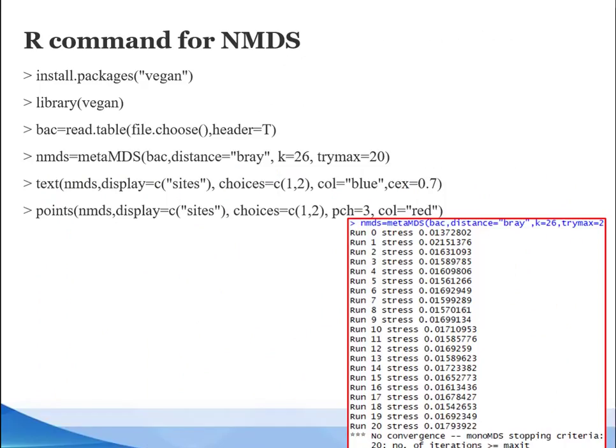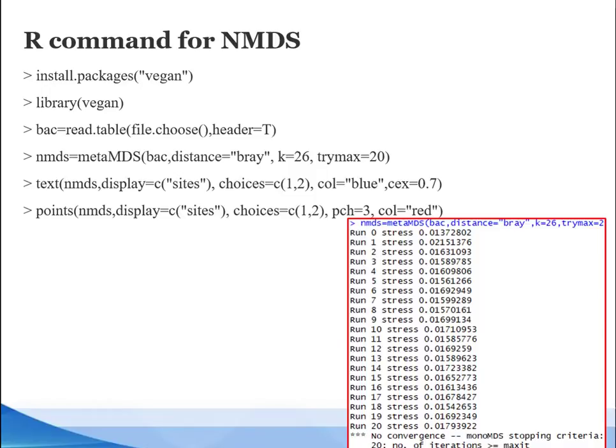This is the R command for non-metric multidimensional scaling. When we input the commands into R, we will see the 20 runs, and the stress value is the non-negative number that reflects how well the ordination summarizes the observed distance among the samples.